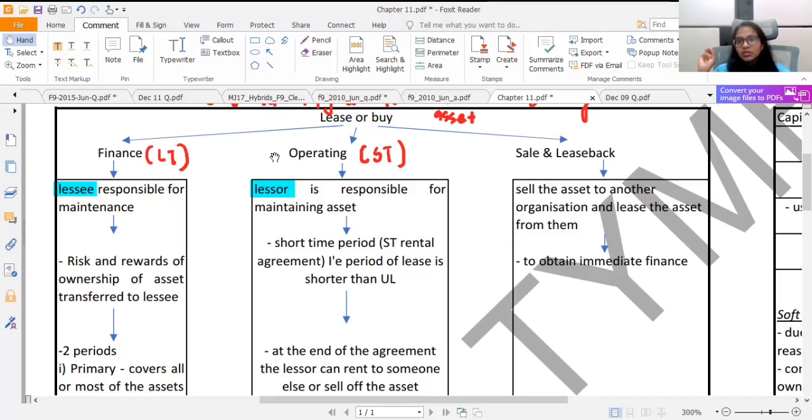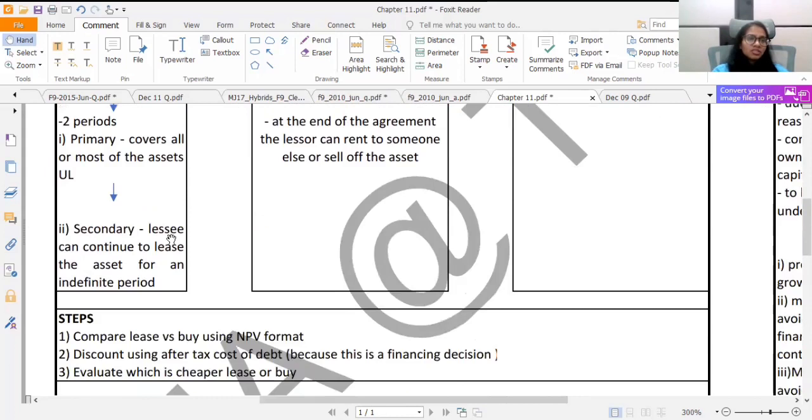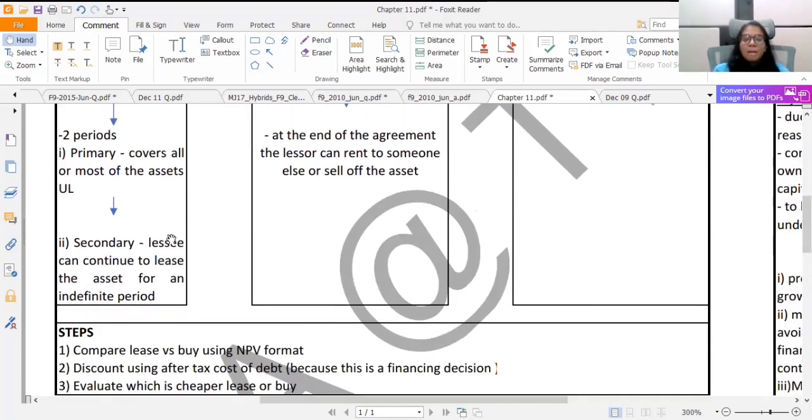And since all risk and rewards are transferred to you, you now have to be accountable for not only the maintenance, but any other long-term maintenance relevant to the asset. So normally, guys, when you talk about the finance lease, because it is a long-term lease, it normally will cover two periods.